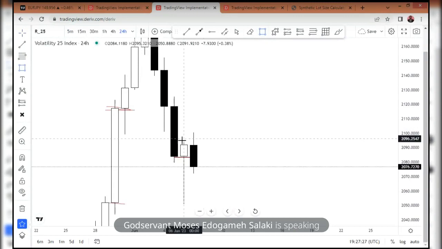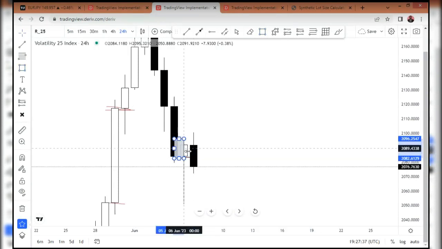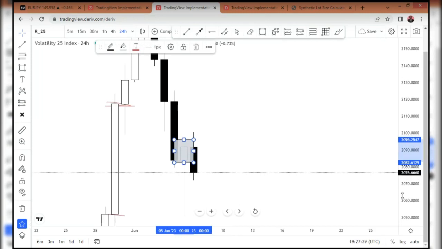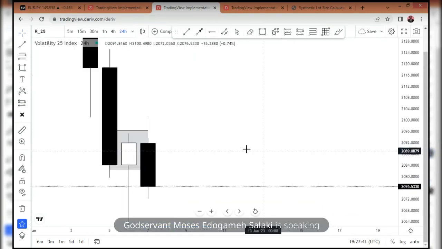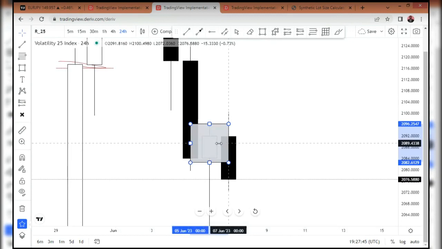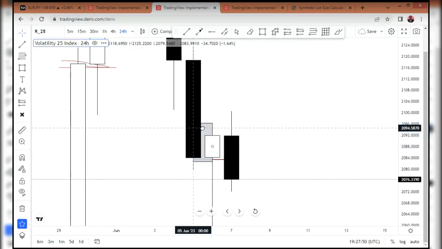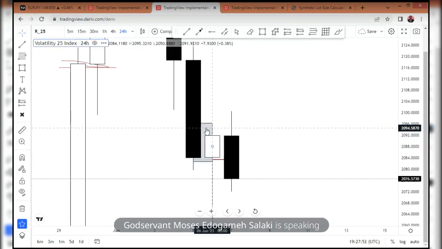Let me cover this candle. I would really love to exempt this other candle. Sorry, just bear with me. I want to see if I can move it.